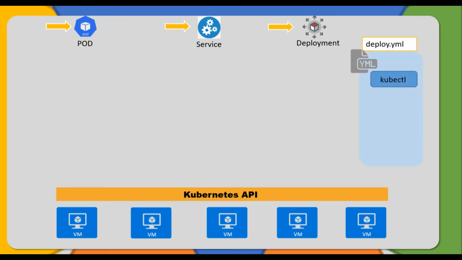When we are done with the YAML, we will use kubectl. The kubectl is a command line interface which talks to our Kubernetes API. It uses the HTTP protocol to communicate with the API server.